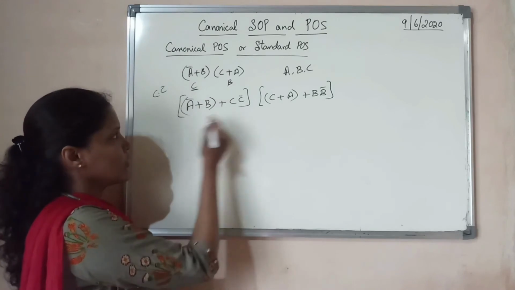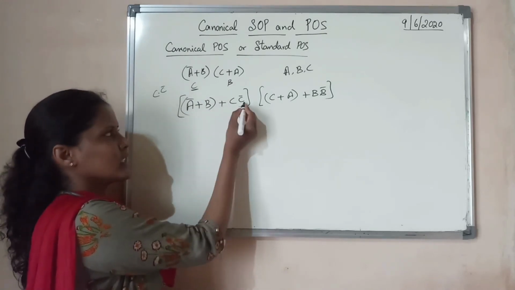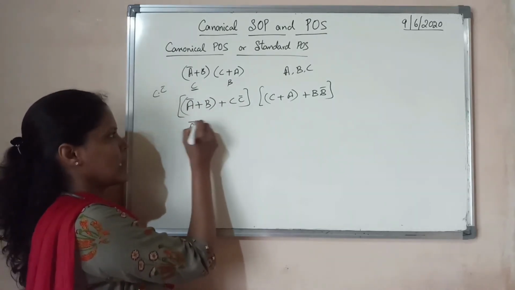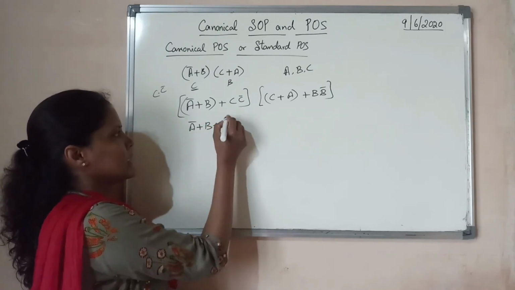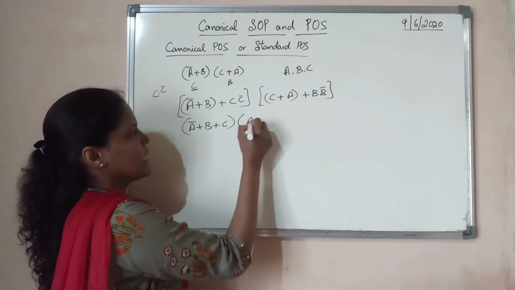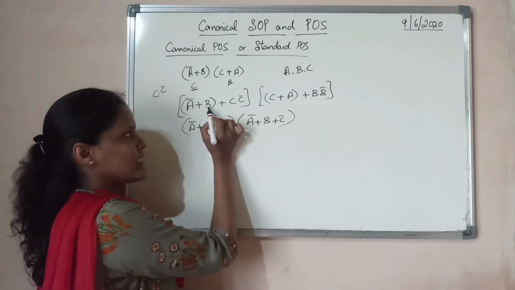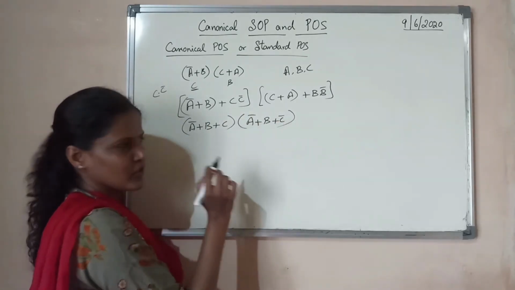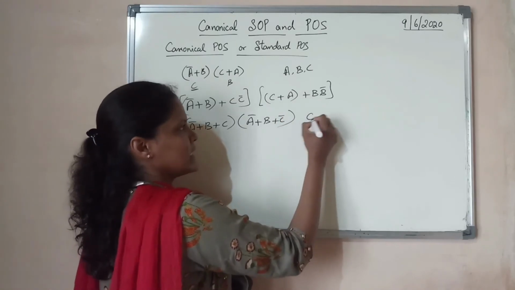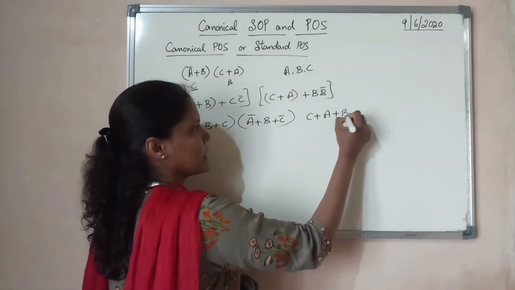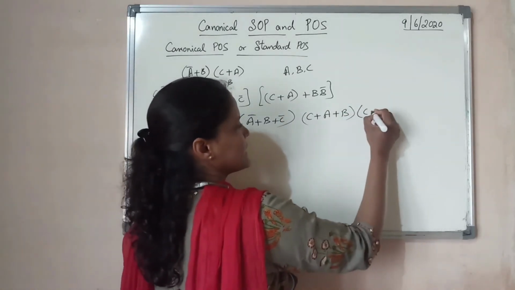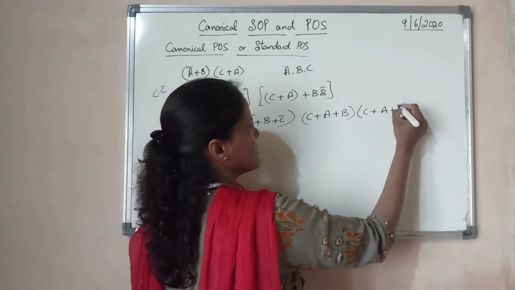Then you multiply: A bar plus B plus C, then A bar plus B plus C bar. Take this C once, and C bar another time. Again similarly, C plus A plus B, then C plus A plus B bar.